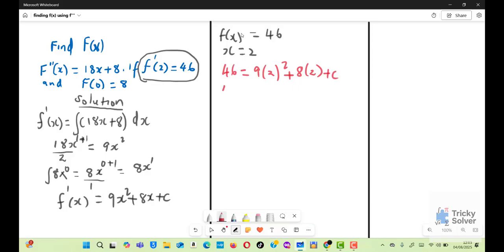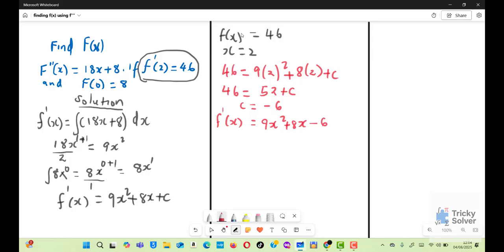This gives us 46 equals, when you add these two, 52 plus c, and c is the same as negative 6. So the full function f prime of x is 9x squared plus 8x minus 6.